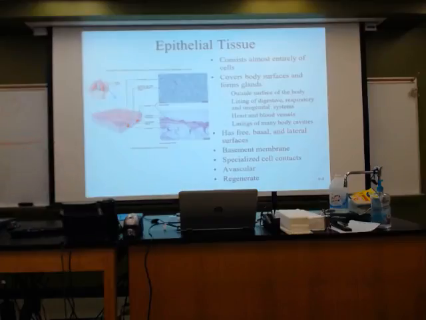Therefore, what it's telling me about the structure of epithelial cells is that we're going to have a free, basal, and a lateral surface, which tells me it's going to have some shape, something like this, in some way.